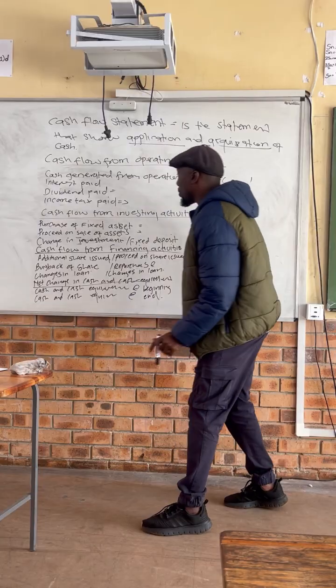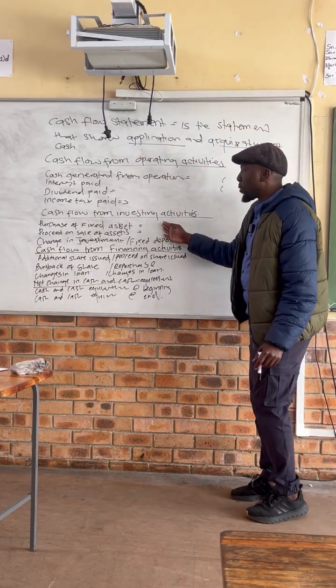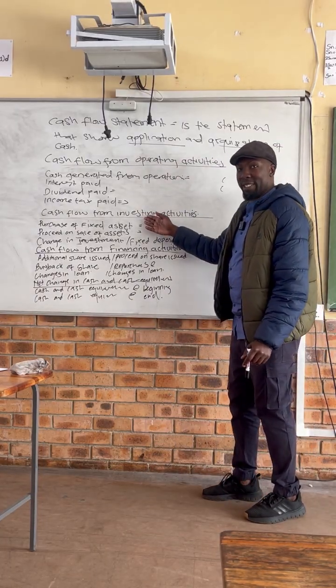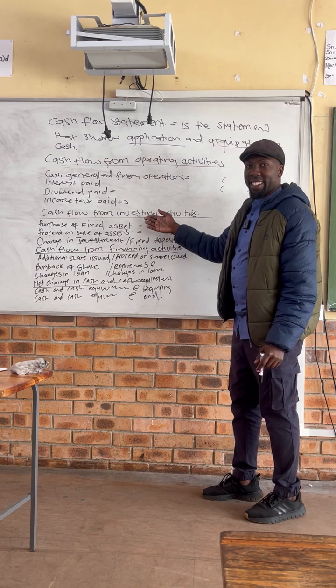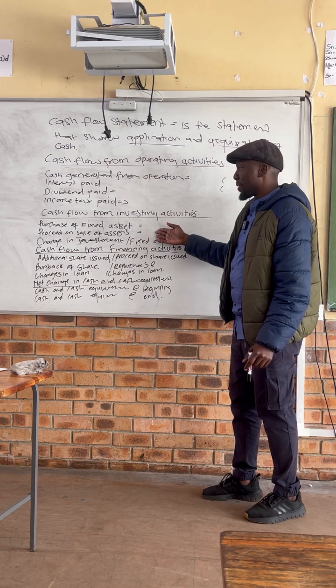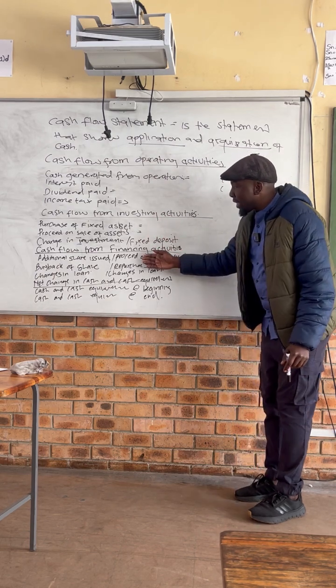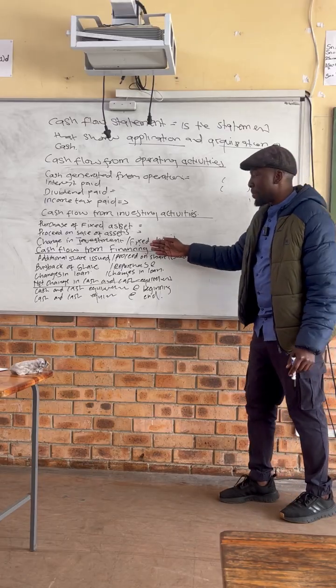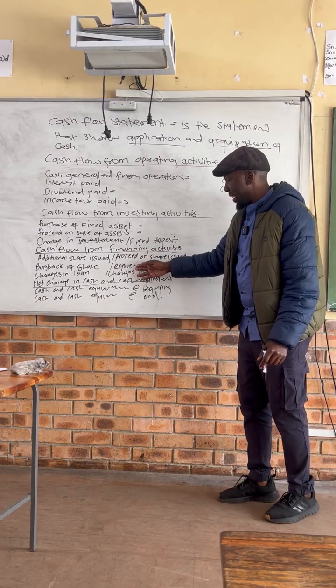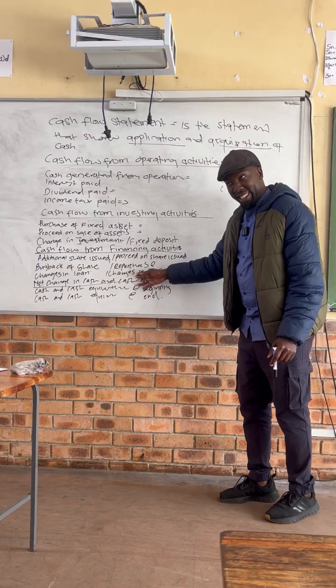Okay, as Mr. Chino was saying, the acronym that he used for investing activities will be pencil, pen, and then the calculator. And when we go to the cash flow from financing, it will be pencil again, rubber, and calculator.